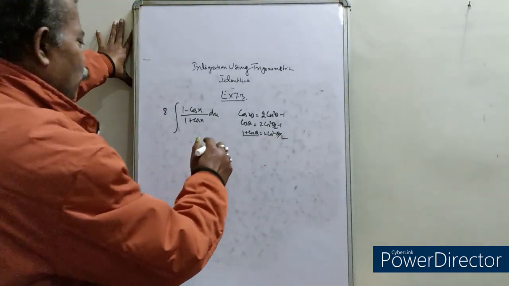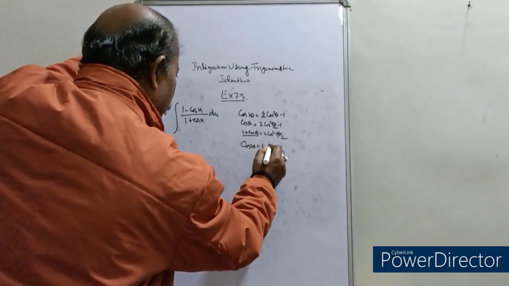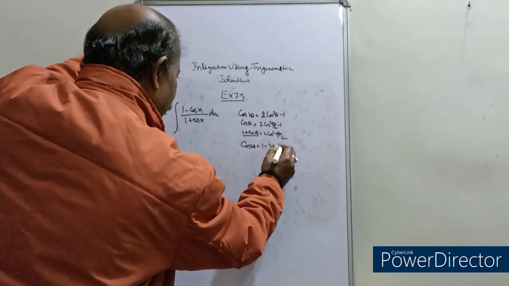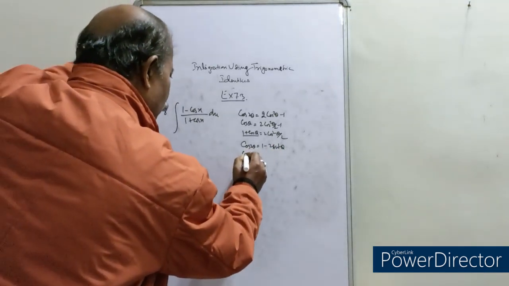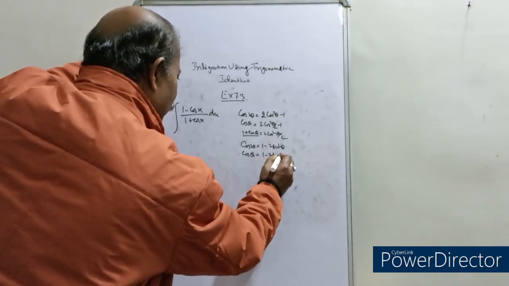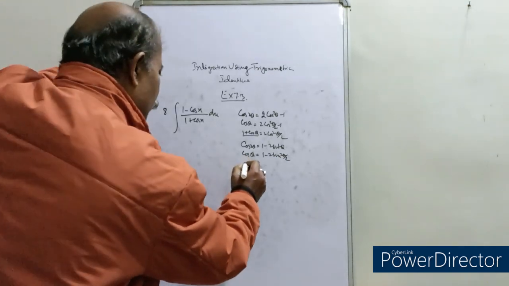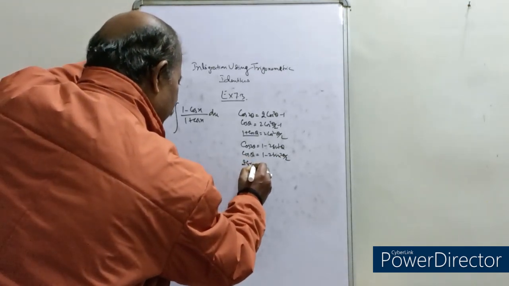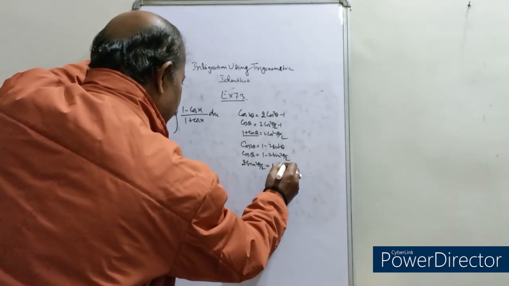Similarly, there is one more formula, that is cos 2 theta equals 1 minus 2 sine square theta. So here again cos theta will be equal to 1 minus 2 sine square theta by 2. So this 2 sine square theta by 2 can be written as 1 minus cos theta.